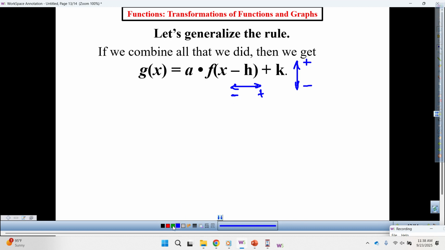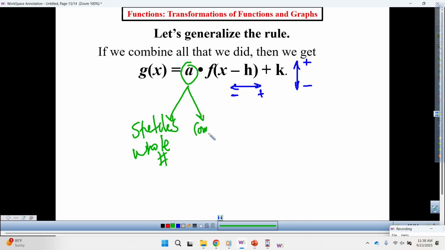With green, I'm going to circle the letter a, and I'm going to write that it does two things. What does it do? It stretches, if it's a what? A whole number, that is correct.